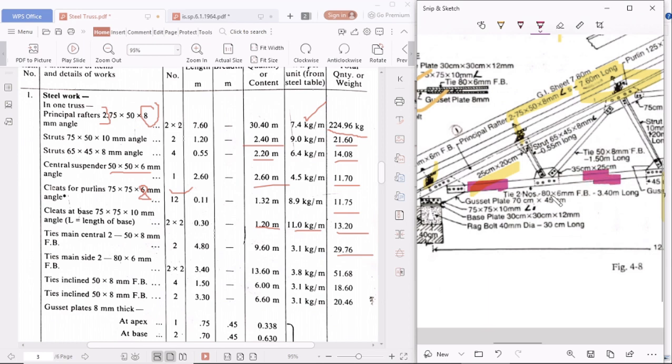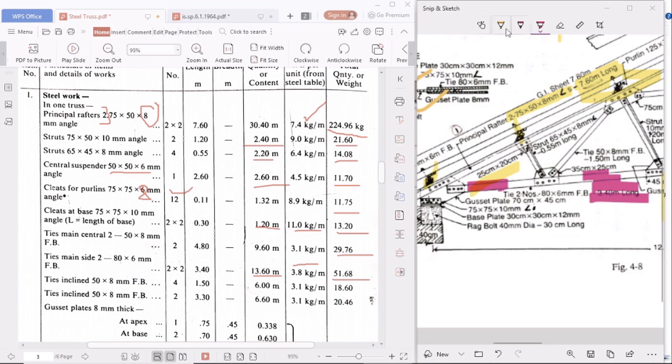Two number of ties, 80 into 6 mm. Okay, 80 into 6 mm. So here 2, another section 2, so totally there are 4. So what is the length? 3.40 meter long. So take 3.40 meter long, multiply it, you will get the quantity, multiply with the unit weight from the steel table, and you will get the total weight of steel.